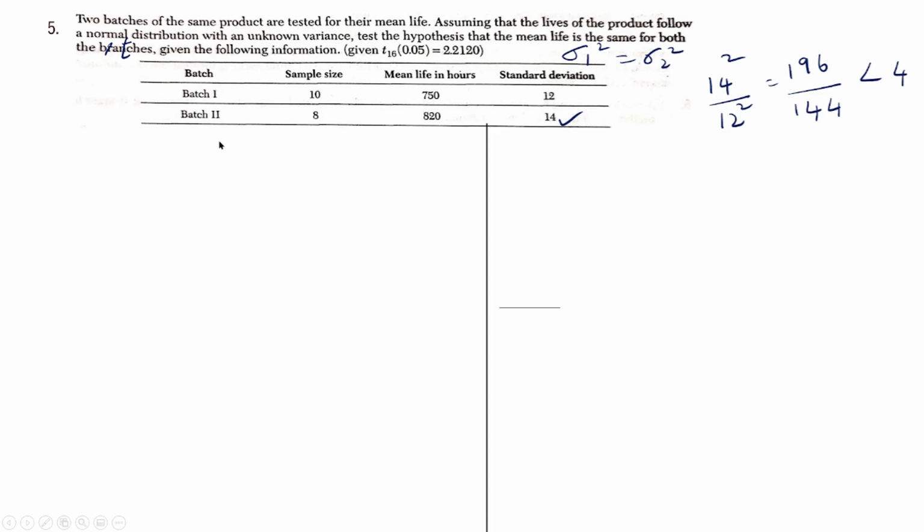So here we have two batches with sample size 10 and 8 and the mean life is given and the standard deviation is given. Now we need to test the hypothesis that the mean life is same for both the batches. So let us define null hypothesis H0 and alternate hypothesis H1 as follows.